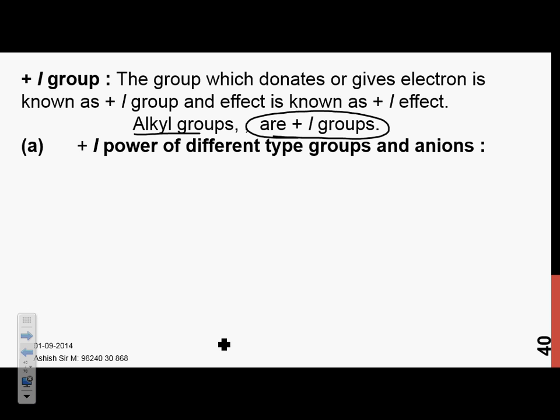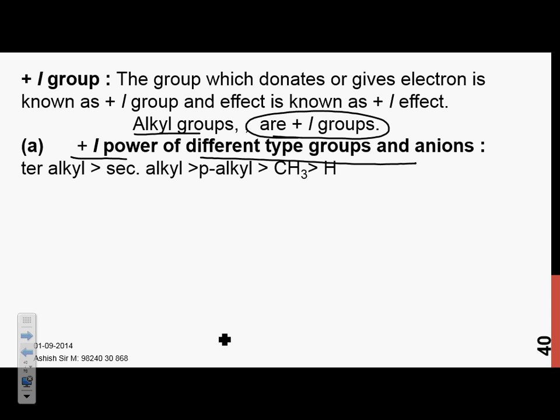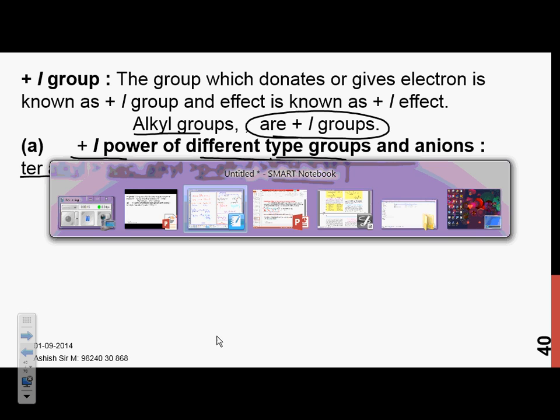Now, positive power of different types of groups and anions. See over here, the tertiary alkyl groups are always more positive inductive groups than the secondary alkyl groups, than the primary alkyl groups, and I'm going to talk about these two afterwards. Let me explain it.